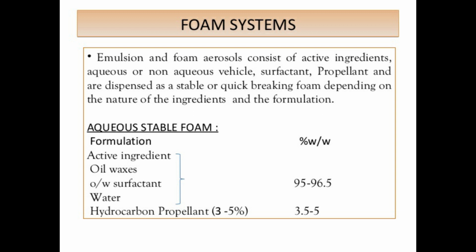Aqueous stable foam formulation is active ingredient, oil waxes, oil in water surfactant. We can use water and also hydrocarbon propellant, which is 3 to 5 percent. Here weights we will take in percentage weight in weight.